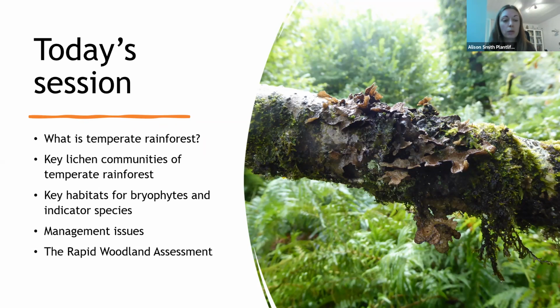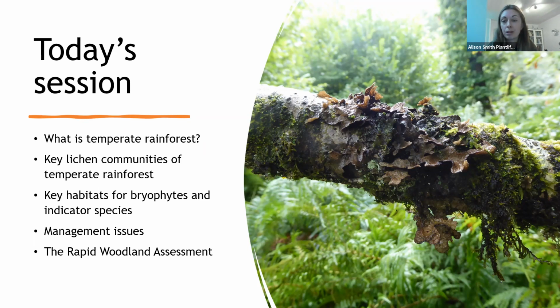And then I'm going to hand over to my colleague Kate, who's going to talk you through our rapid woodland assessment, which is a tool that we've devised in the southwest, which we're looking to roll out to other parts of the UK, which helps land managers and volunteers and all different people to go into an area of woodland and assess whether it's temperate rainforest and whether it has the potential to support rare lichens and bryophytes, to identify potential management issues, so that we can start to get a better understanding of our temperate rainforest across the UK, and start to engage more people in thinking about how we can manage it better.